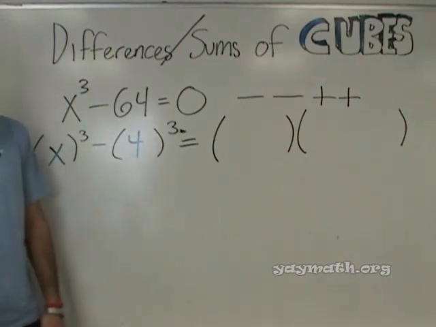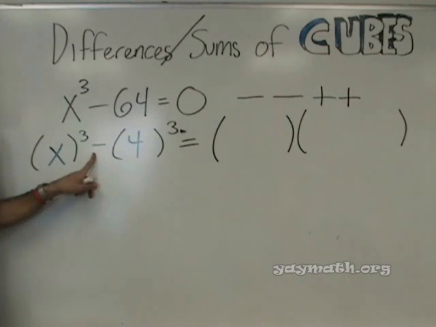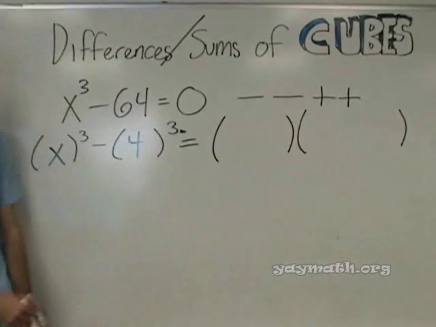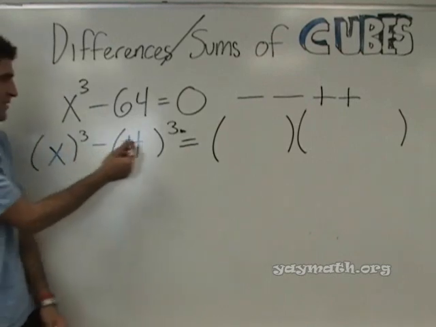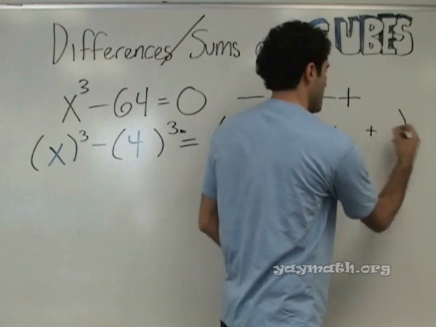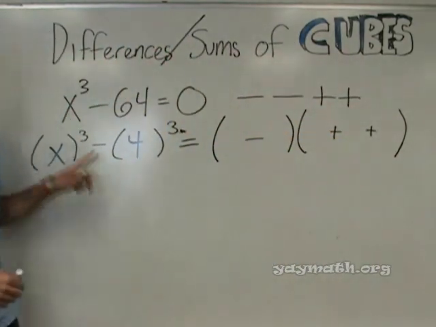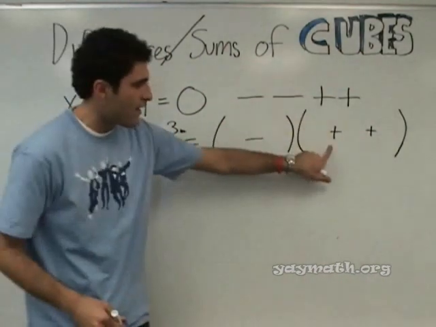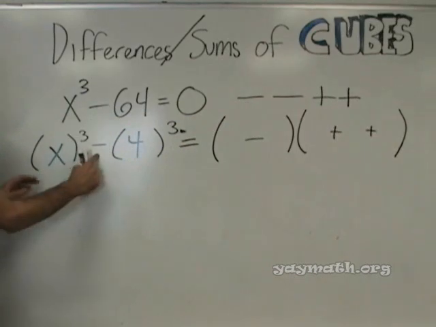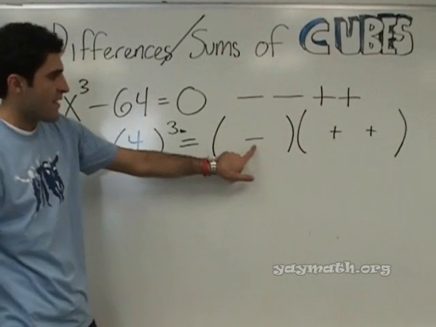Notice, this is a difference of cubes, so it's minus, minus, plus, plus, and here it goes. The problem has the minus, here's the second minus, here's the plus, here's the plus. The first minus is in the problem itself, and then the following three signs are in succession after it.